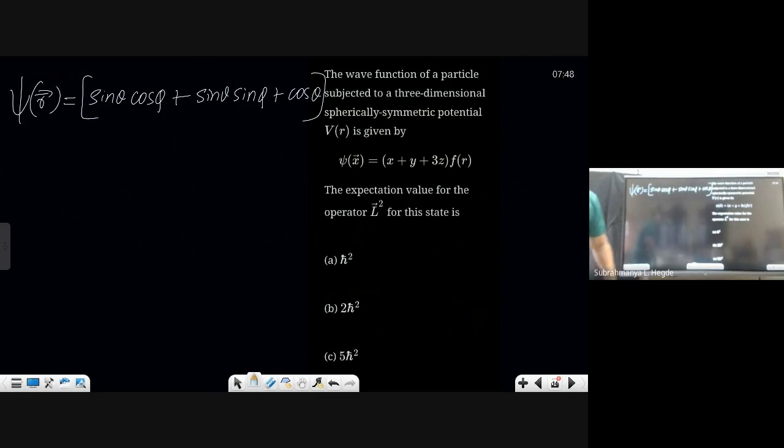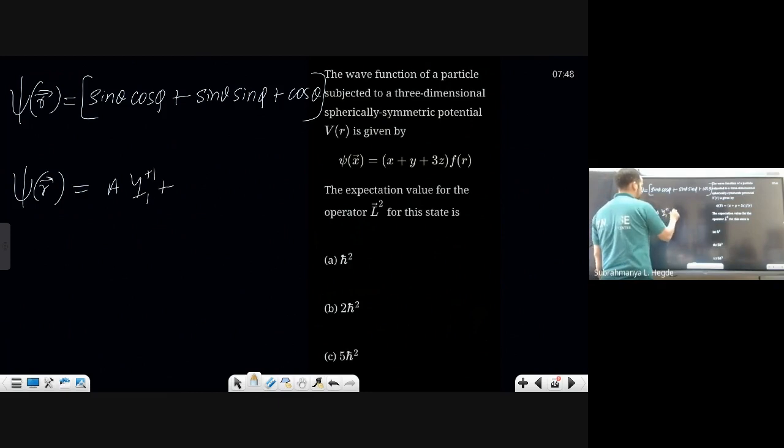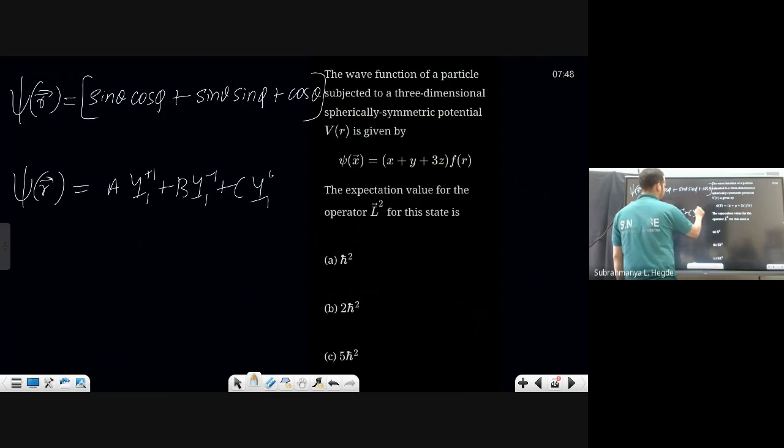What you got here is the state psi of r, it doesn't matter, A into Y1 plus 1, plus B into Y1 minus 1, plus C into Y1 0.